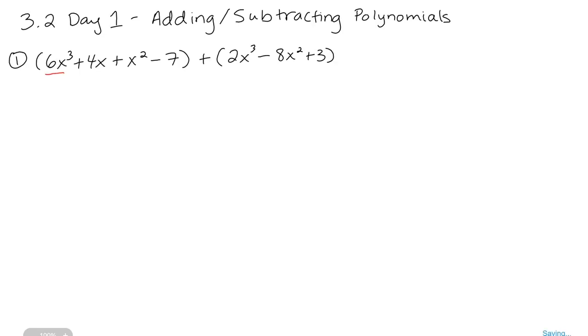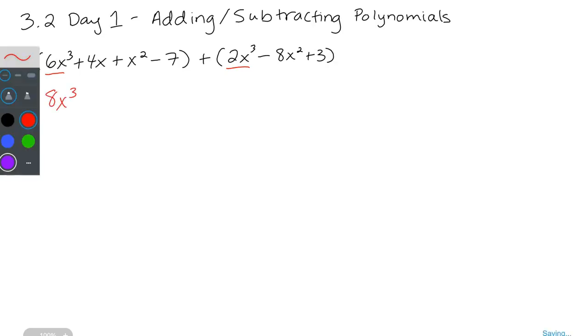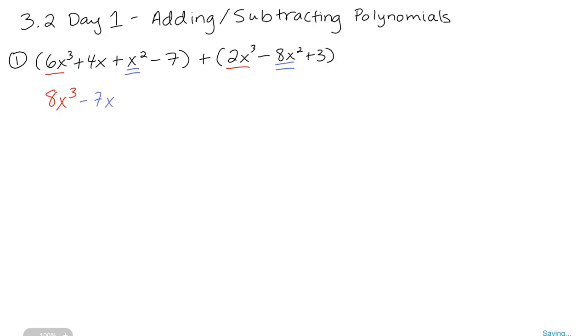So I have these cubes here. 6x cubed plus 2x cubed is going to be 8x cubed. And then I have 4x, but it's the x squared that would come next. So that's x squared minus 8x squared, so 1 minus 8 would be negative 7x squared. Then that's the only x term, so 4x.